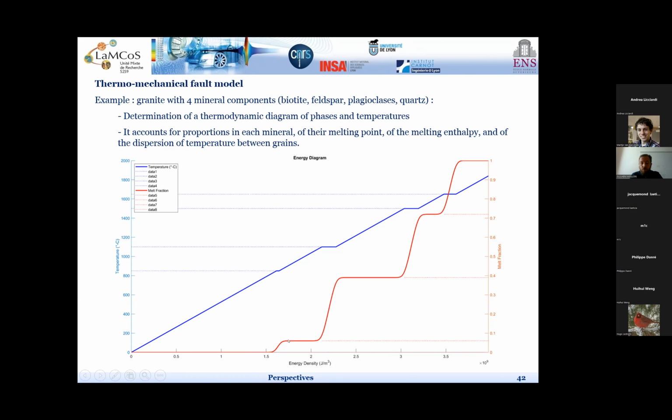And the melt proportion stays constant. Then we reach feldspar, we melt feldspar, then we reach plagioclase, etc., until we melt the quartz grains. So with this kind of diagram, for a given energy density, we can guess what is the proportion of melt and what is the temperature in the system.